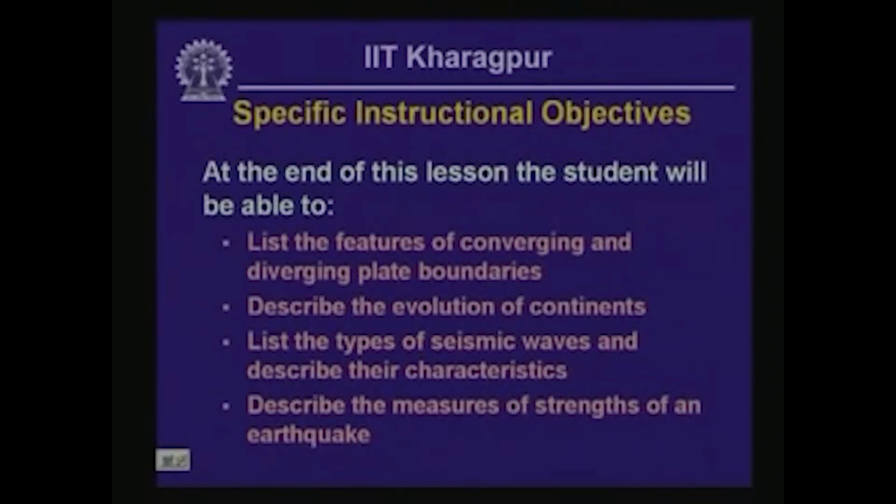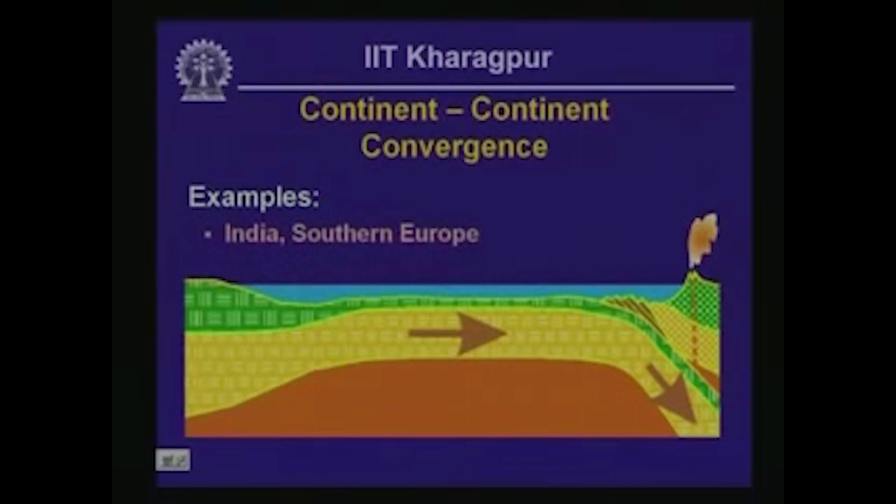So let us move on with the continent to continent convergence, the third type of convergence which we want to look at. We have already looked at the convergence between an oceanic plate and a continental plate, as well as we looked at convergence of two oceanic plates.